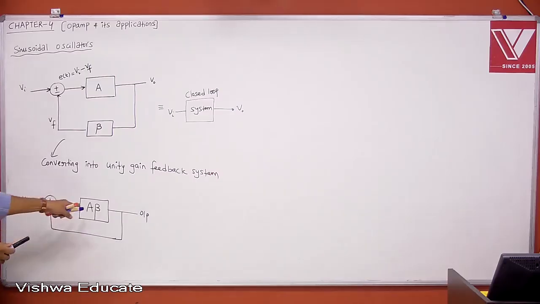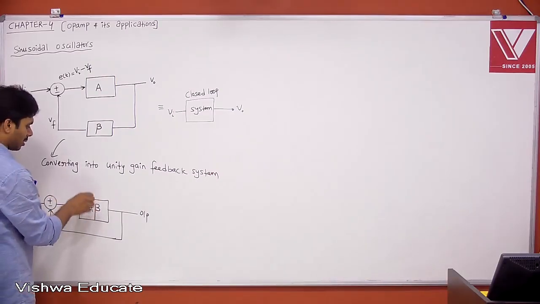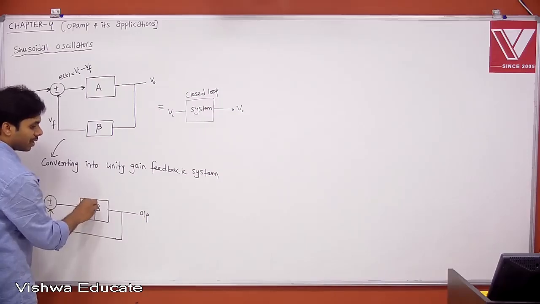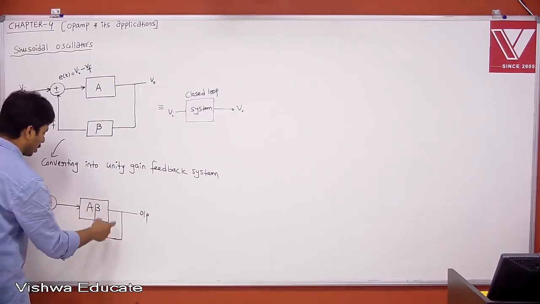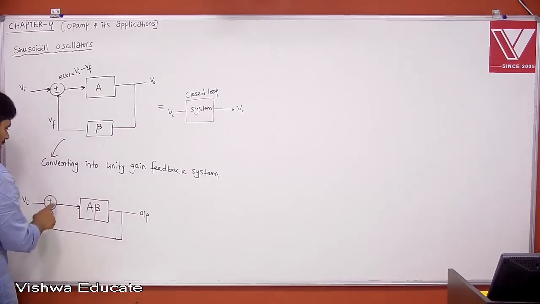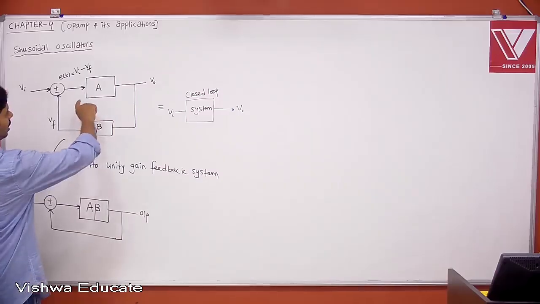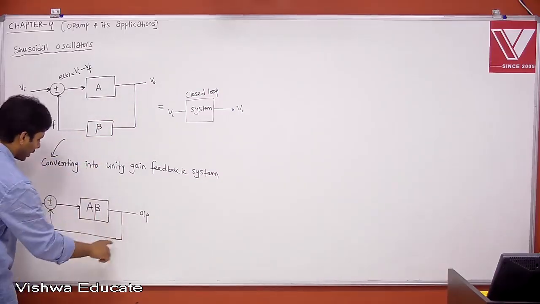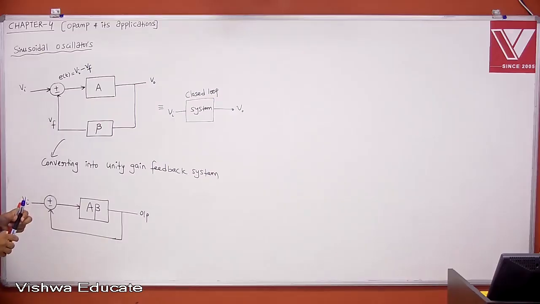When I say this is your loop gain, A beta, it is associated with a magnitude and with some phase angle. That is the magnitude response and the phase response. But this is for loop gain, because A beta into 1 is nothing but loop gain. Here the loop gain is A into beta, because this is converted into a unity gain feedback system. Because all the techniques we studied in control systems apply.